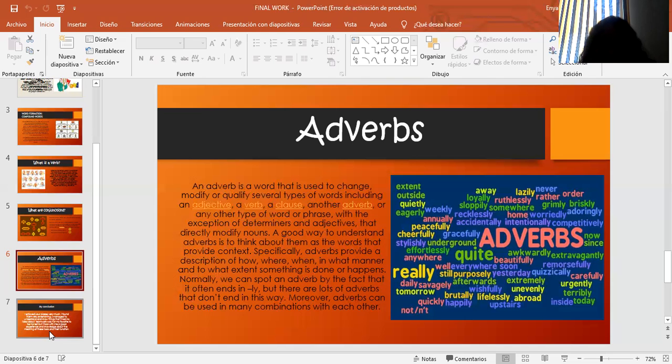We also can find adverbs of frequency that are used to express time or how often something happens or occurs. This can be split into two main groups.